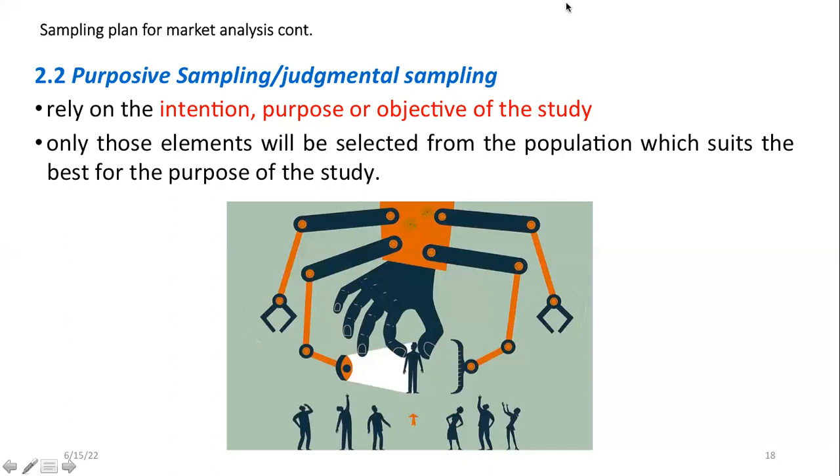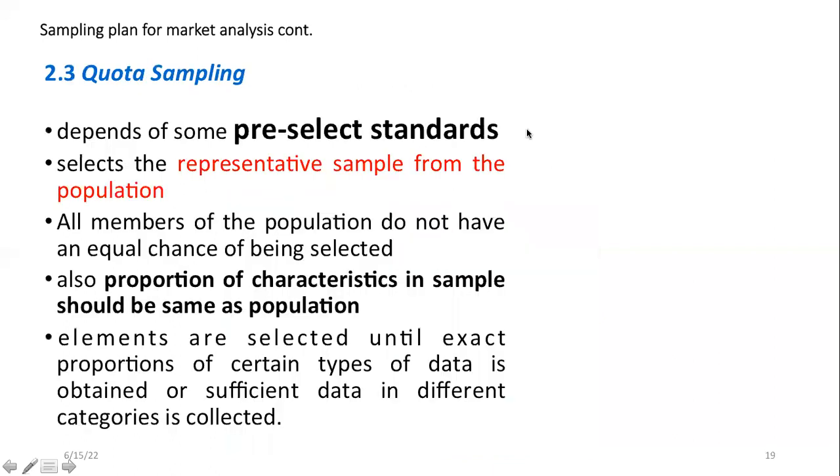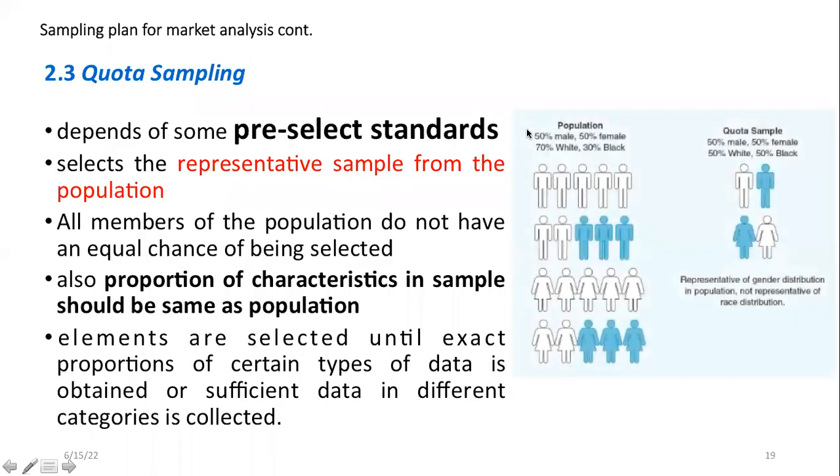Quota sampling means, as you can understand, depending on some pre-selected standards. Can you remember we used this word in strata? Initially we know the factors we are going to study and use for the sampling. Here also in quota sampling, depending on the pre-selected standard, we select a representative sample from the population.